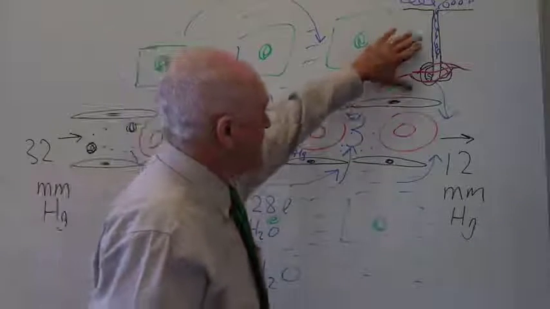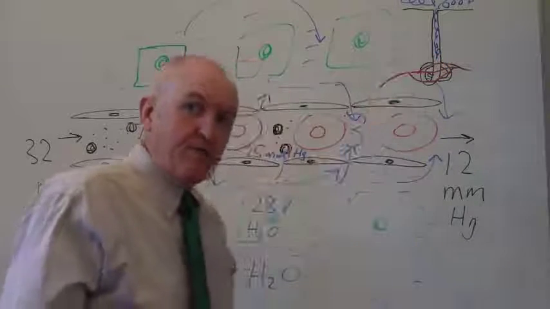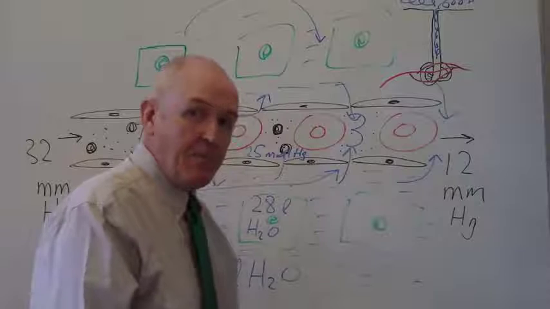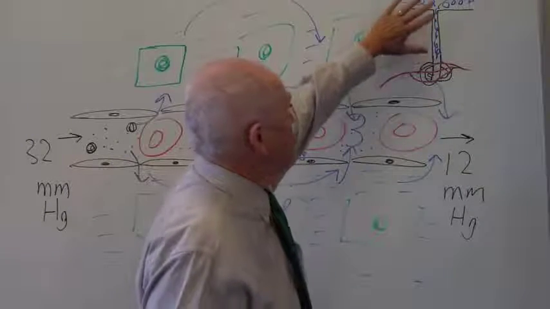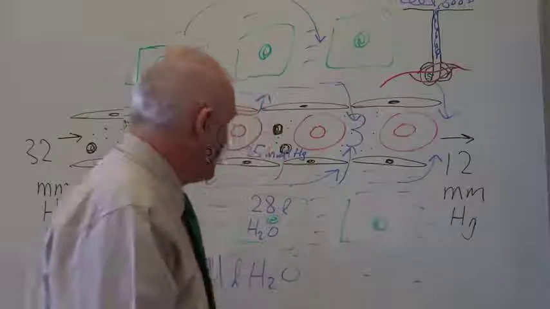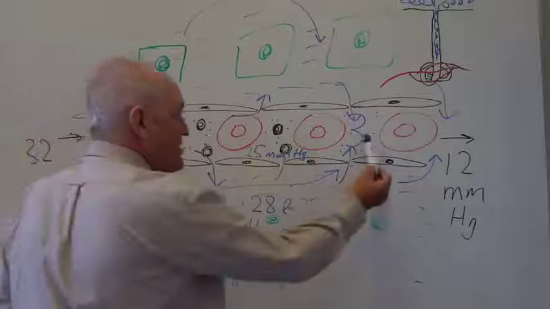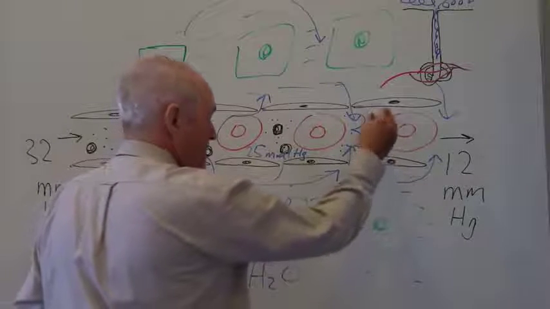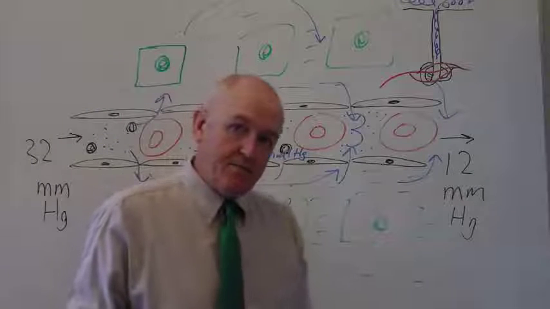But what we're noticing here is that water and salts go from the blood, from the intravascular compartment, into the sweat gland duct, and are ultimately lost from the surface of the body. So in terms of this diagram, water molecules are lost from the intravascular compartment.